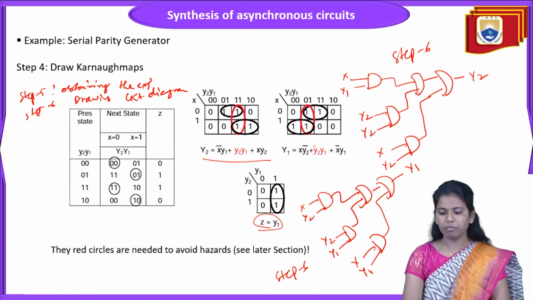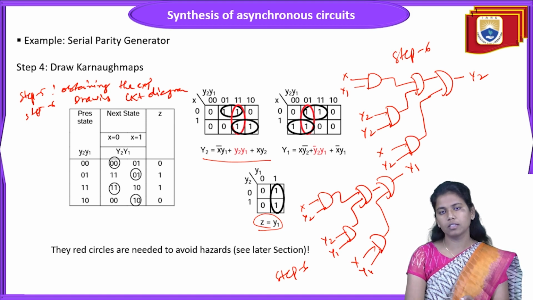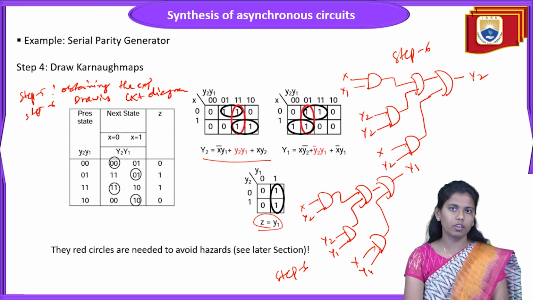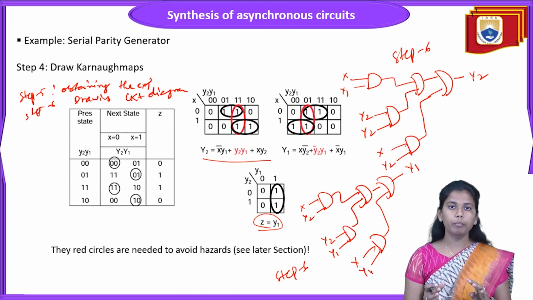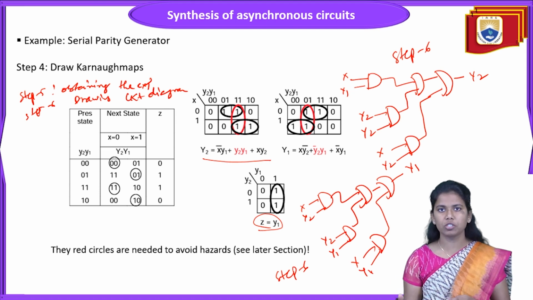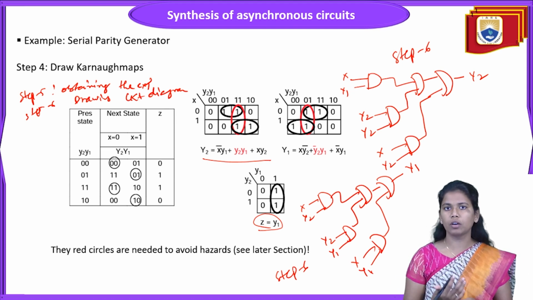So in today's topic, we have discussed the difference between the synthesis of synchronous and asynchronous sequential circuits. We got to know the different terminology when you compare both, and also how to synthesize a given problem.